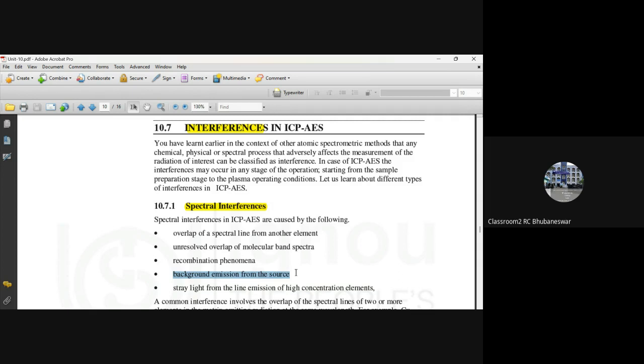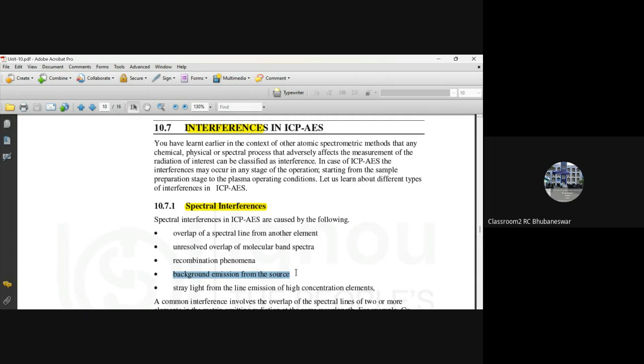If any Ginel lamp part is coming in your emission spectra, and you are expecting that, then you can deduct it. If I'm not expecting it in that region, it's fine. Sometimes it may not be there. But if you get it due to some other elements, then that part you can also subtract.